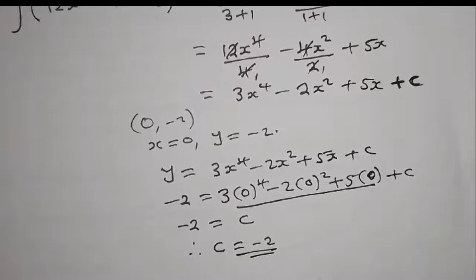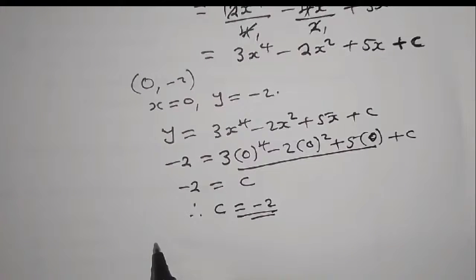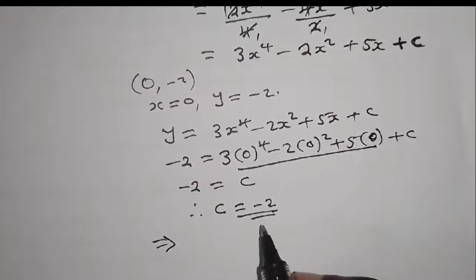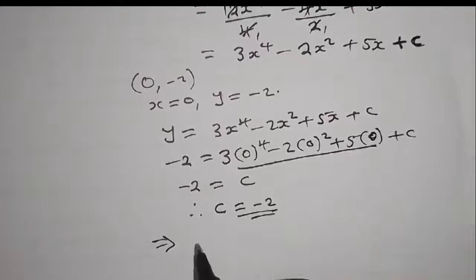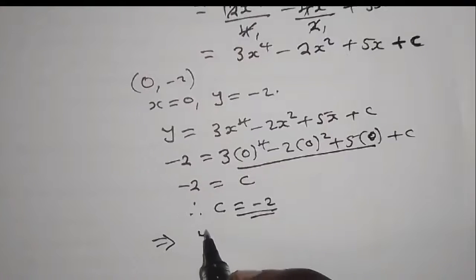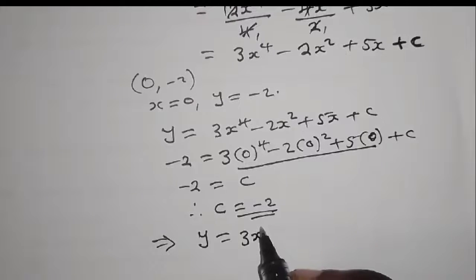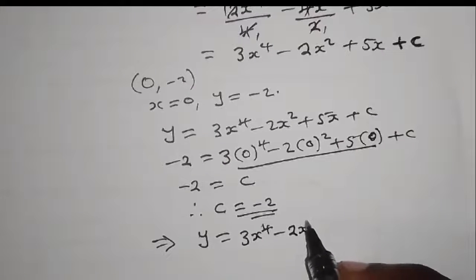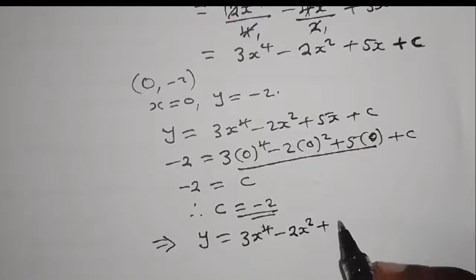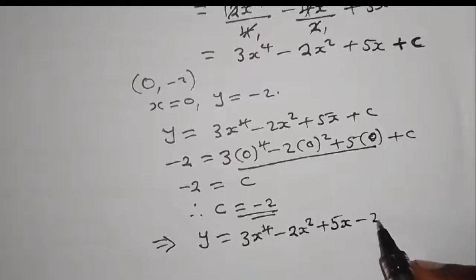Now once I find c, all I have to do is plug it in. Where there is c, I'm going to put -2. So therefore the equation is going to be y equals 3x to the power 4 minus 2x to the power 2 plus 5x then minus 2.